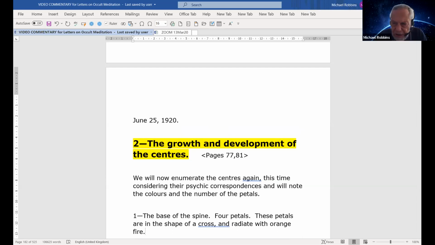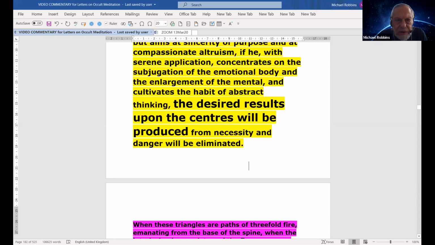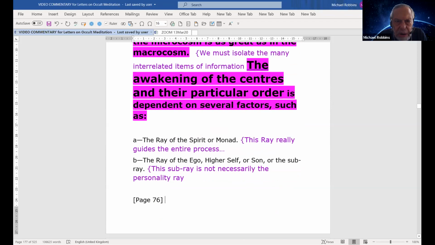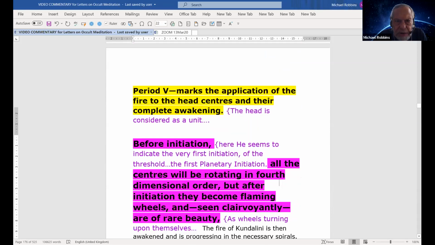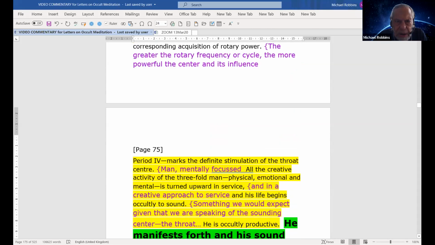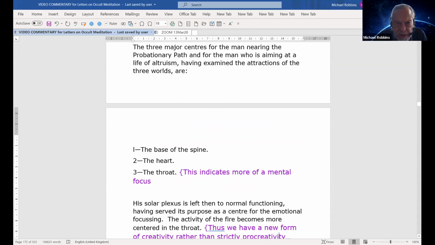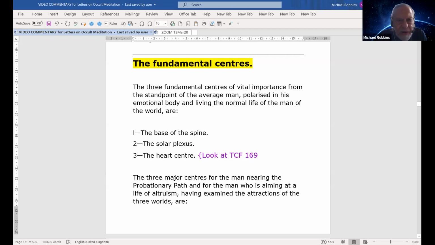Now we've looked at the centers here. I brought them in, and let's see if we can find where all of this begins. It's on the fundamental centers.